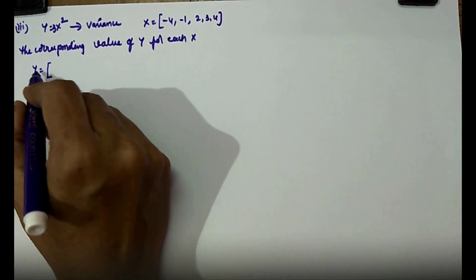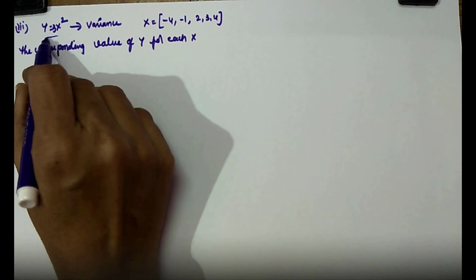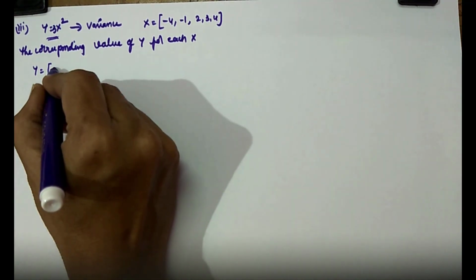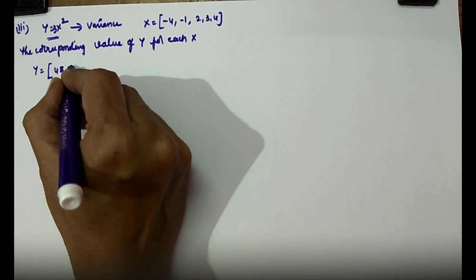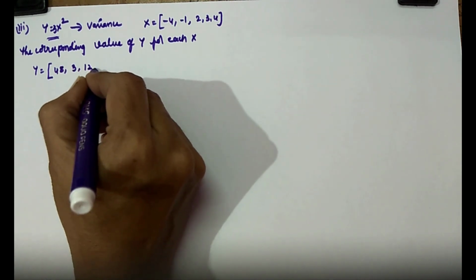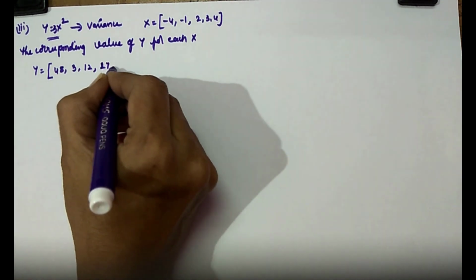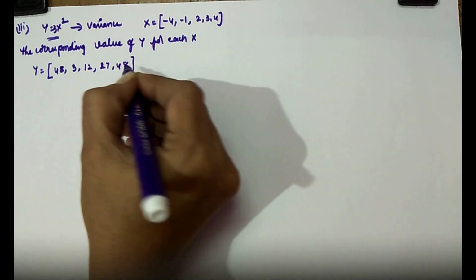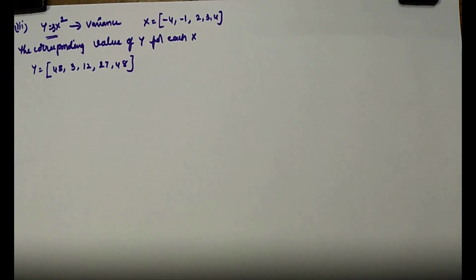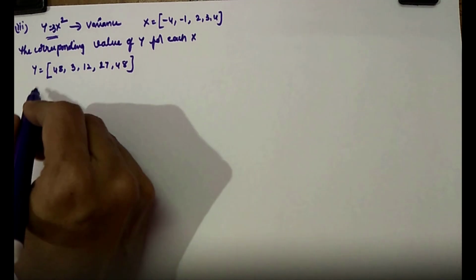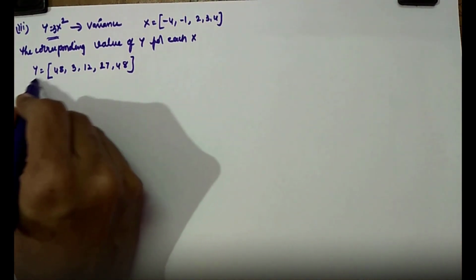This is x. So now what is y? Just apply this. x square is -4 square into 3, so it is 48. Then -1 square, 1 into 3, 3. Like that, if you calculate, you'll get 48, 3, 12, 27, 48. This is the old random variable and this is the new random variable.